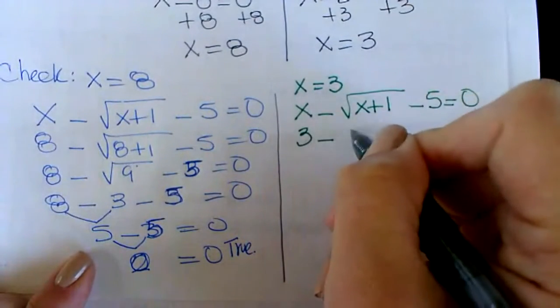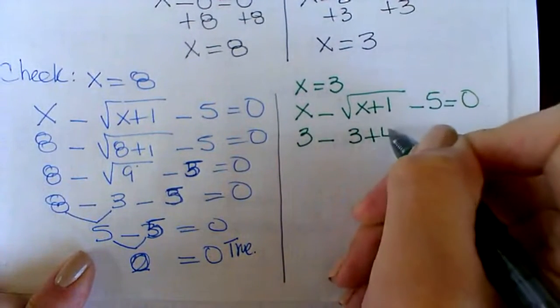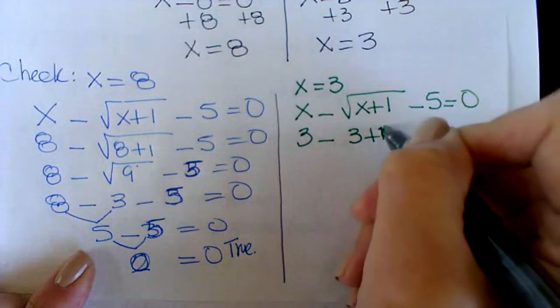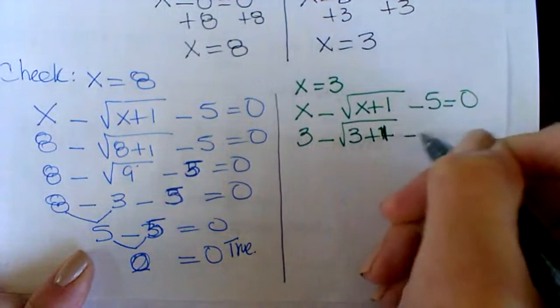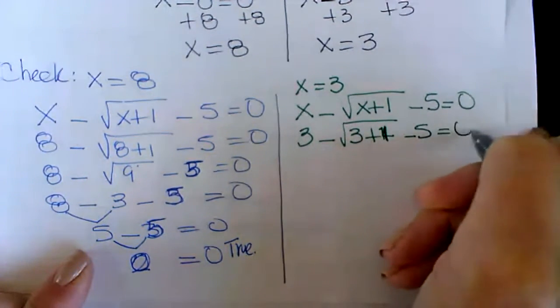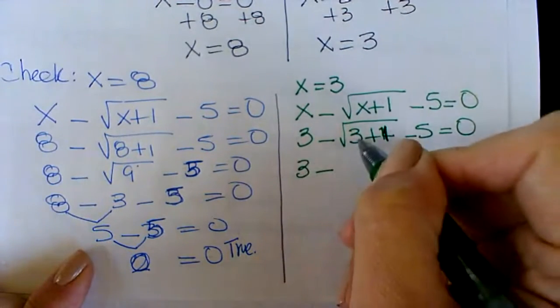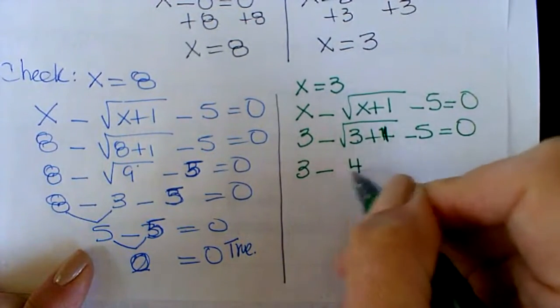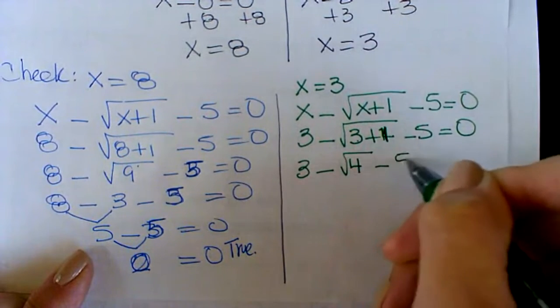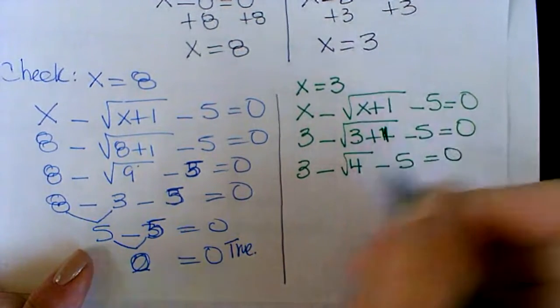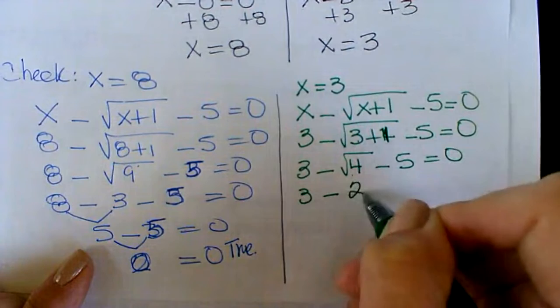So 3 plus 4, my goodness, plus 1 minus 5 equal to 0. 3 plus 1 is 4. Square root of 4 is 2.